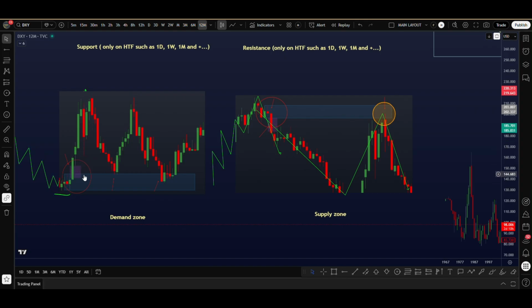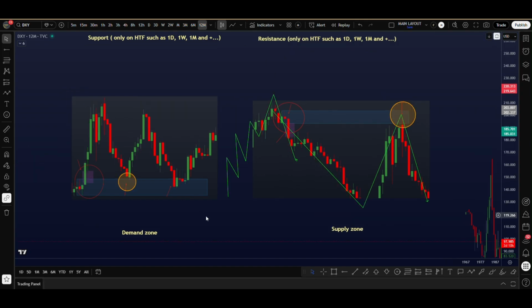You can easily identify them on the chart by this strong move of price: a big bullish candle for the demand zone, and a big bearish candle breaking structure aggressively for a supply zone. And for both, I usually wait for the return of the price to the base to take my entry.